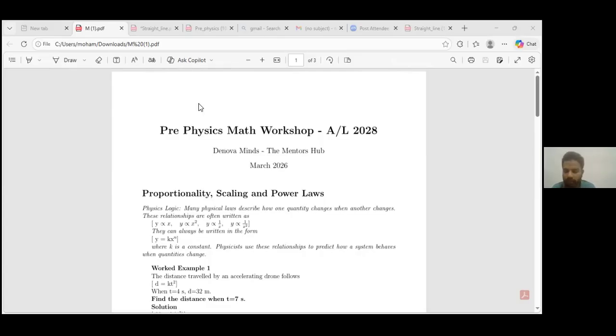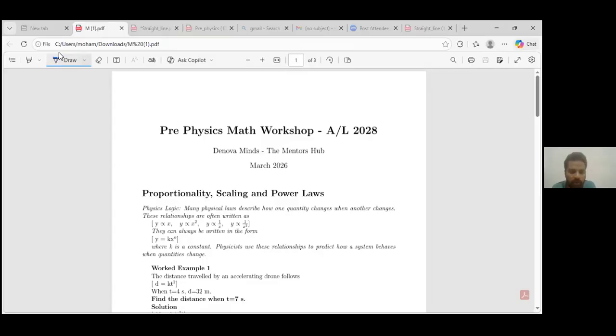is proportional to x. So, if someone says y is proportional to x, it means that if you increase x, y also increases.